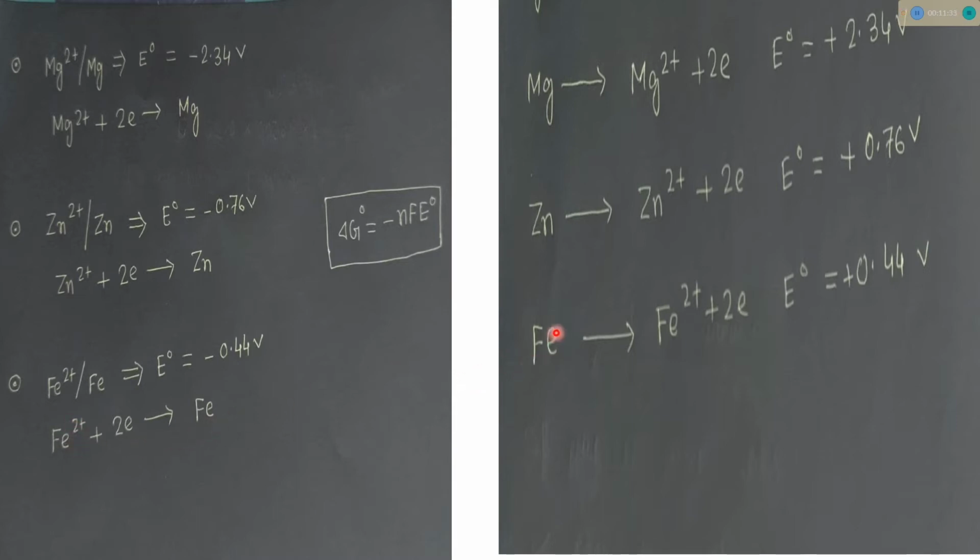So in these 3 systems, Fe cannot reduce either zinc or magnesium. Magnesium reduces both Zn2 plus to Zn and Fe2 plus to Fe. Zn reduces only Fe2 plus to Fe, but iron cannot reduce Zn2 plus to Zn or magnesium 2 plus to magnesium. So this is the concept.